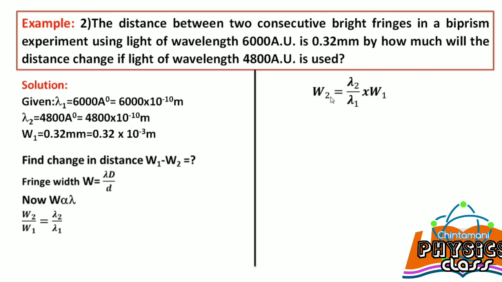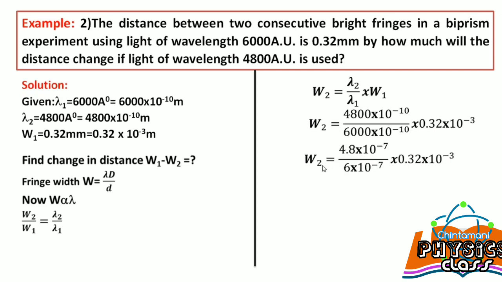Rearrange this: W2, that means fringe width in the second condition, is lambda 2 divided by lambda 1 into W1. Substitute the values: 4800 into 10 raised to minus 10 divided by 6000 into 10 raised to minus 10 into 0.32 into 10 raised to minus 3.